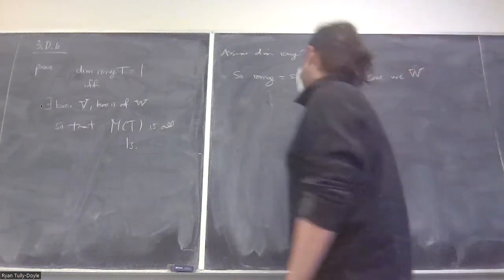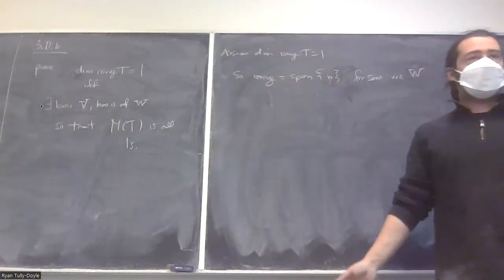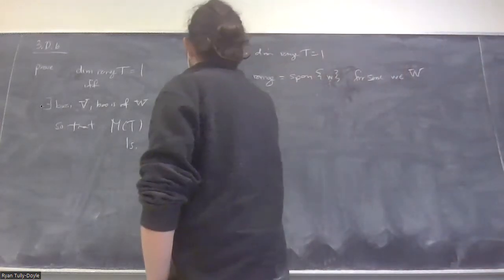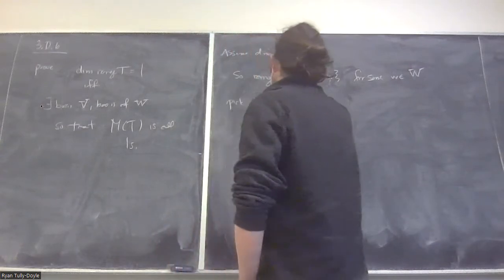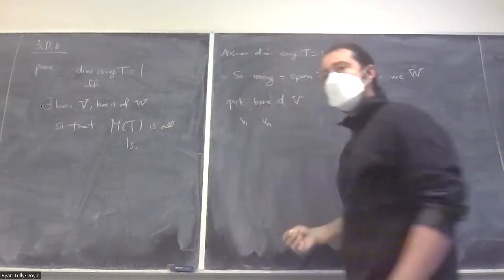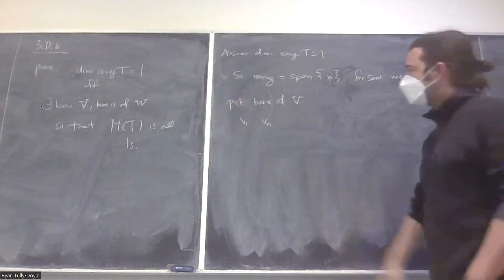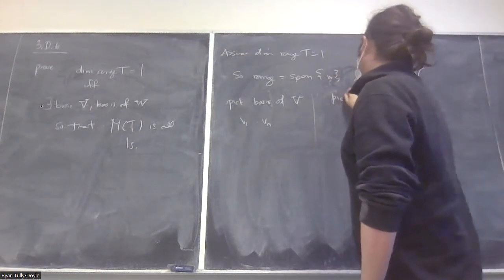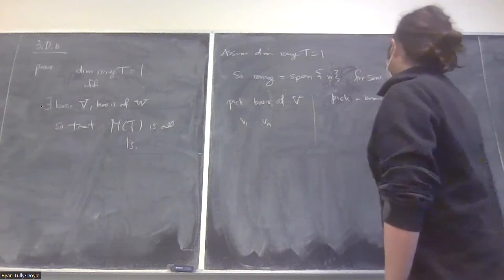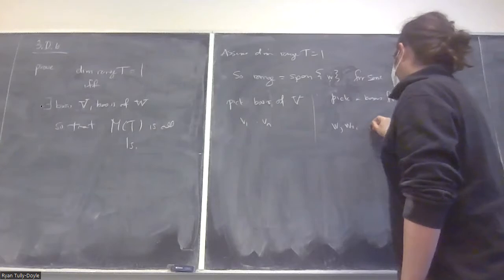The naive way to do this would be to say, suppose we pick anything we want for the basis of V, V1 through Vn. I'm just going to try to figure out how to start manipulating this map by writing down what it does. I just want to understand what's happening by picking a basis for V. And then we're going to pick a basis for W that looks like W and then all the vectors that you get when you extend that to a basis for the whole space.